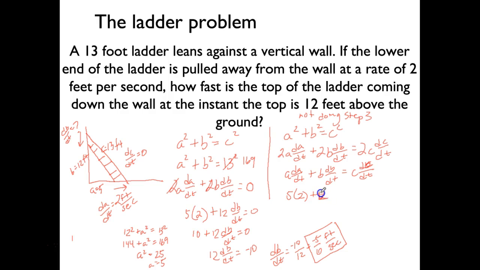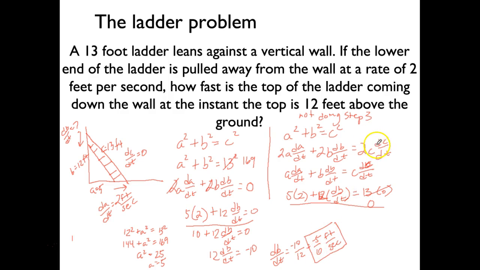Plug in 12. And we're looking for dB over dt equals, okay, C is 13, and the change in C, since C is not changing, would be 0, canceling out this side, leaving you with a 0 over here. And if you notice, that's the exact same thing as you got. All this right here is the same as right here. So solving for it from that point would then yield negative 5 over 6.